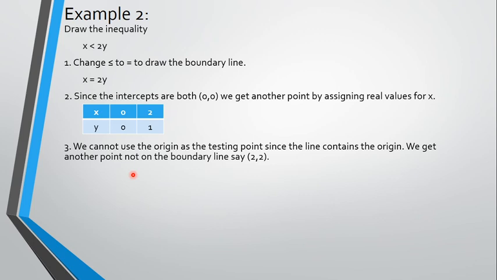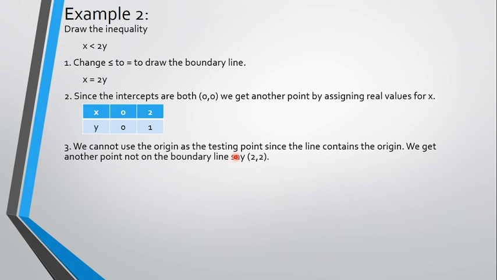Unlike our previous example, where our line did not pass through 0, 0. But in this case, 0, 0 is on the boundary line, so we cannot use it as our testing point.